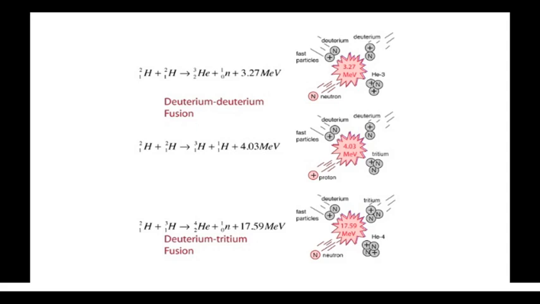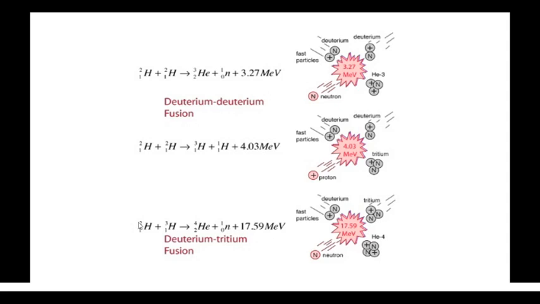Now the next fusion reaction is the deuterium-tritium fusion reaction or DT reaction, in which, as the name suggests, one deuterium and one tritium combine to form a helium nucleus with a release of a neutron and an energy of 17.59 MeV.